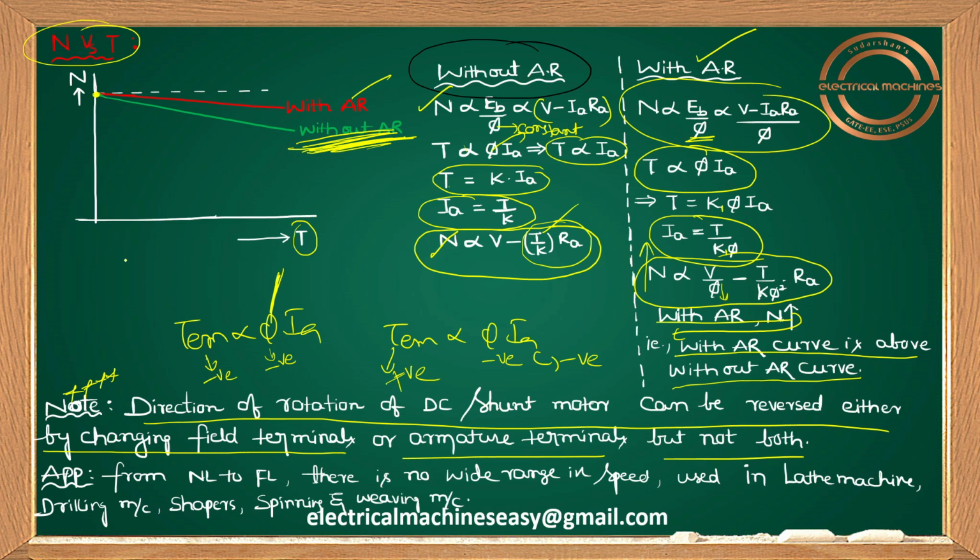Okay. So please, guys, try to see the application here. From no load to full load, there is no wide range in speed. Therefore, it is used in lathe machines, drilling machines, shapers, spinning and weaving machines.